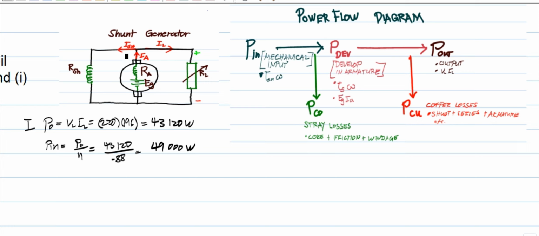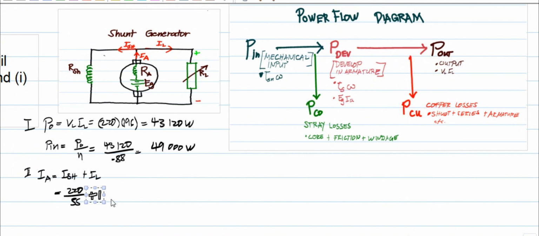To find the RA, we must have the IA. To find the IA, we must have ISH plus IL, and ISH is equal to 220 divided by RSH of 55, which is 4, plus IL of 196.